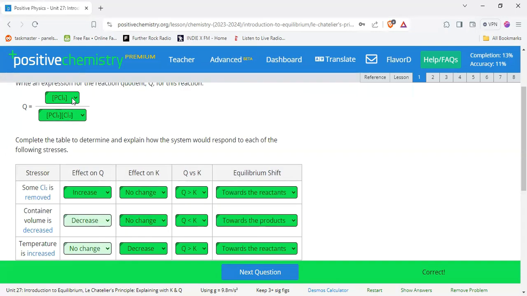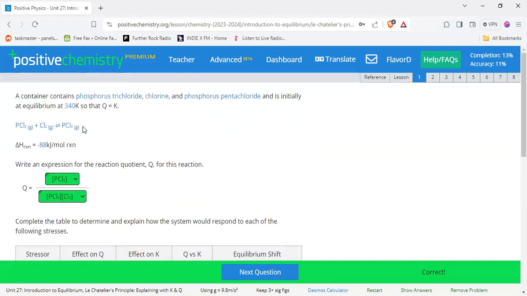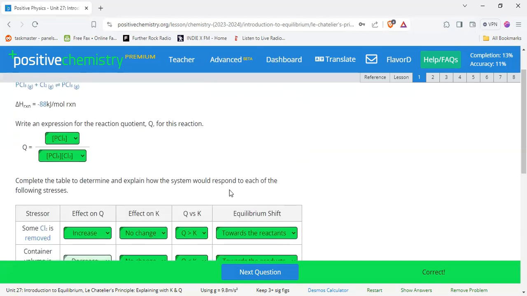That means we have too much PCl5, too much product, which means too much numerator. And so we need to get more reactants, more left side. And so it will shift toward the reactants so that it can settle back down to equilibrium.